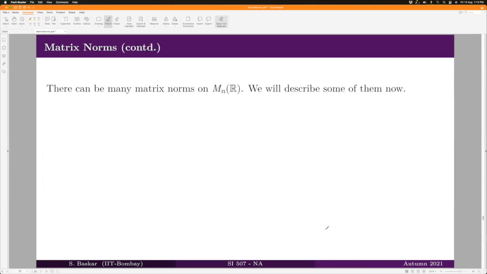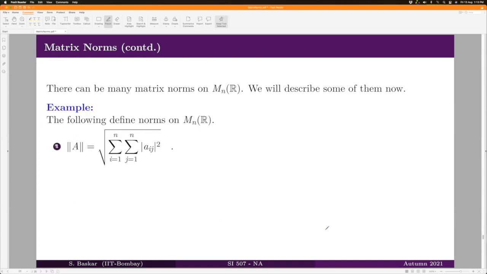Again, like in the vector norm case, once you generalize the distance concept, you can think of many examples as norms. Similarly, in matrices also, we can define many matrix norms, but we will be interested in the following three matrix norms. The first one is defined like this.